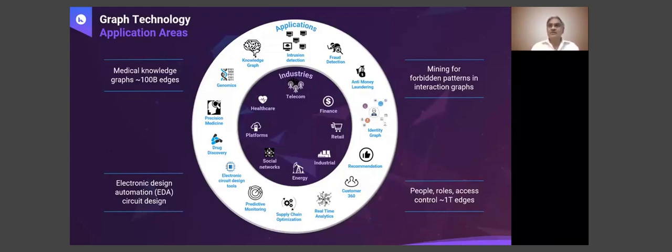One of the customers that we're currently dealing with wants to be able to mine these medical knowledge graphs in order to generate promising treatments for diseases, and equally importantly, to rule out potential treatments for diseases before having to go to the lab, do a lot of expensive tests, and then find out that that treatment actually doesn't work. So these are just some of the areas where we see graphs. There are, in fact, many more.